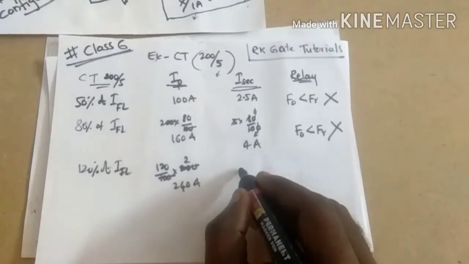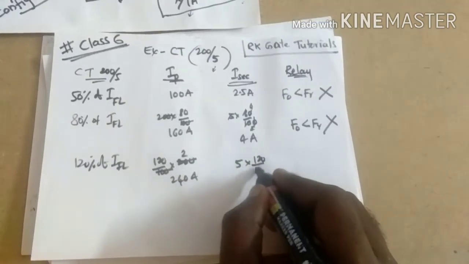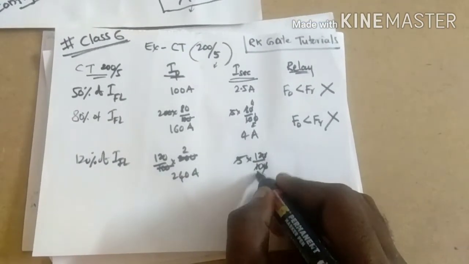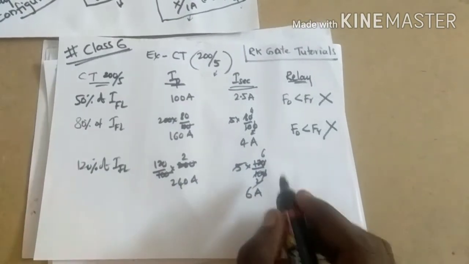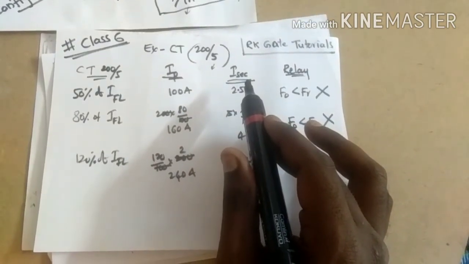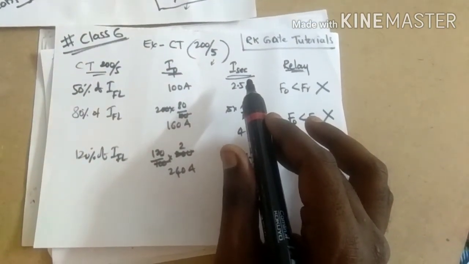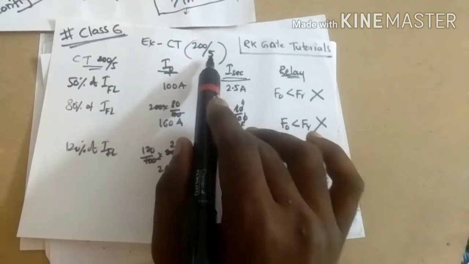And what happens to the secondary? The secondary is 5 into 120%, 0.05 into 120, so 6 amps. So the current experienced on the secondary of the current transformer, the relay side, the relay coil, is 6 amps, which is more than the set value.